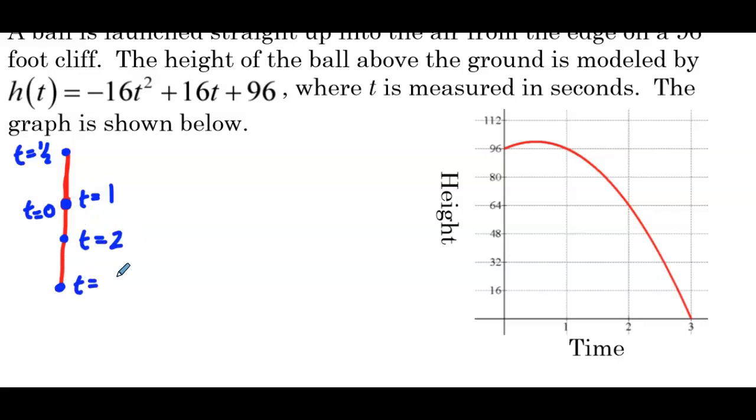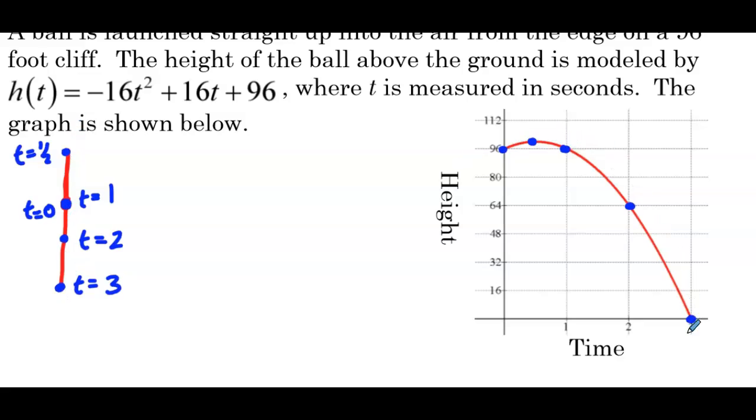And then t equals 3, it's back at the ground. So if we took each of these points with the t values and the appropriate height and plotted them, this is what the graph is going to look like. These would be those blue points. So that's an important understanding: the ball's being thrown straight up and down.